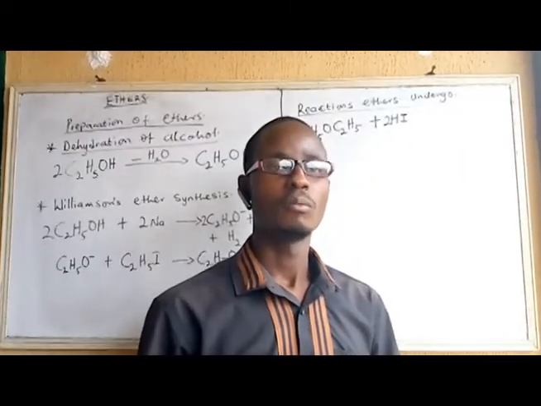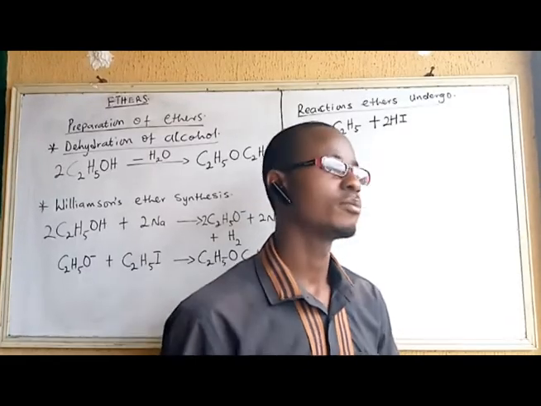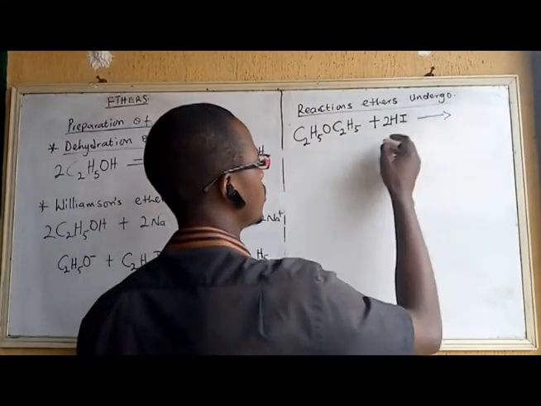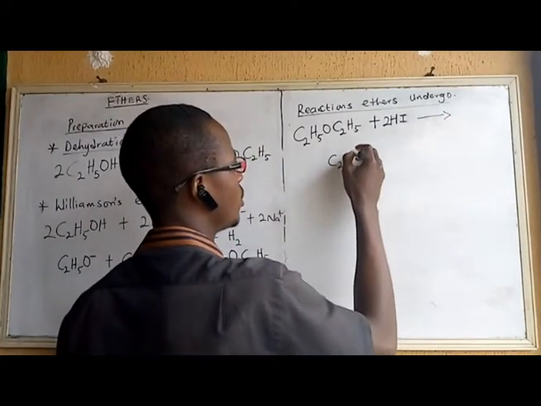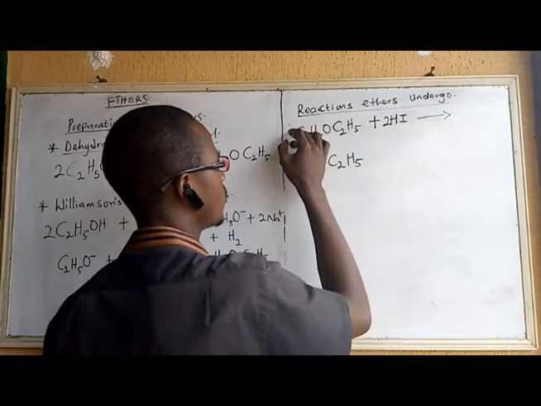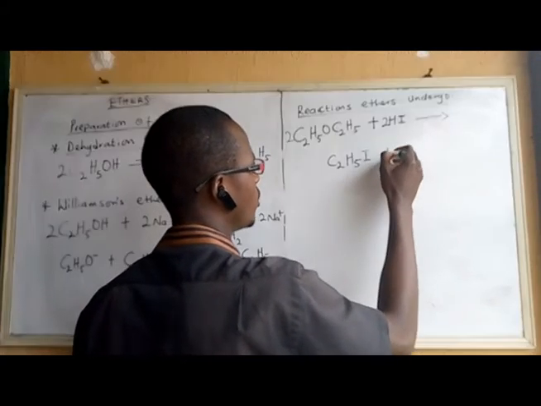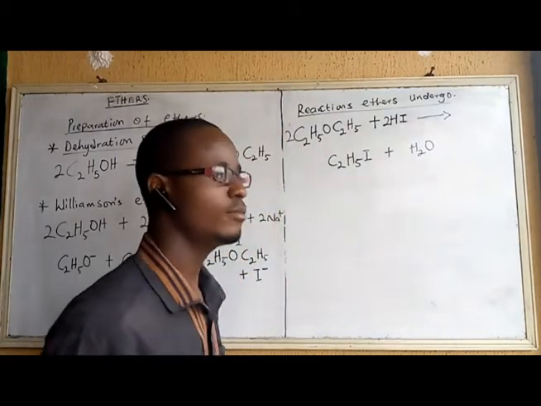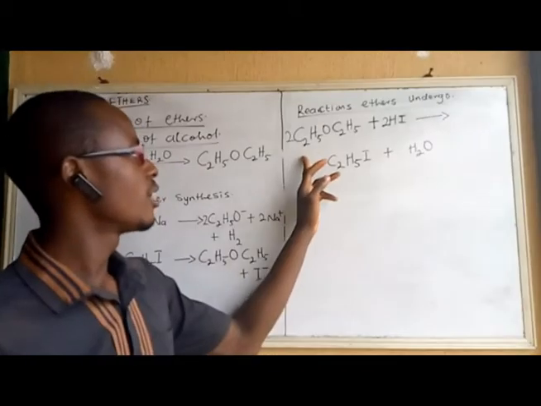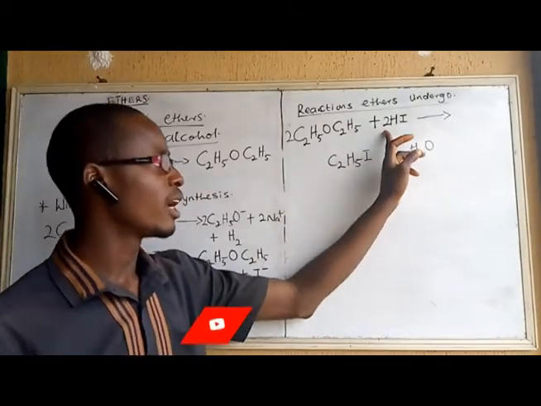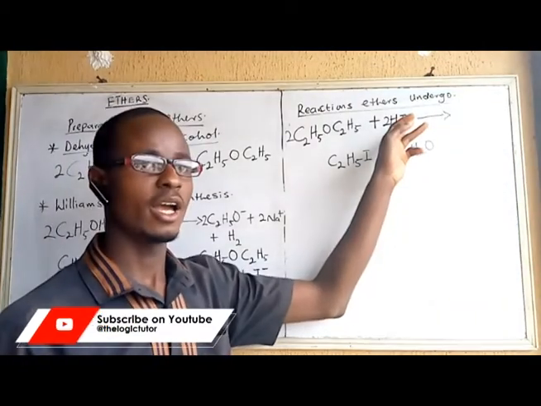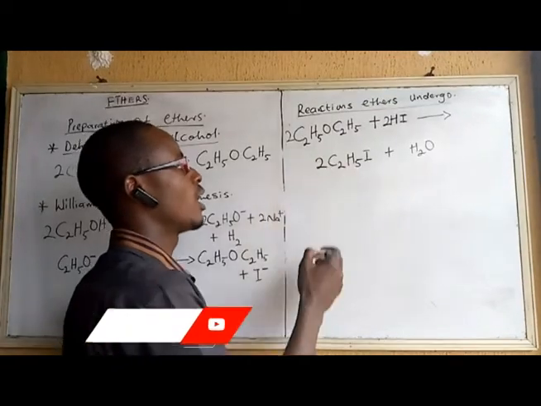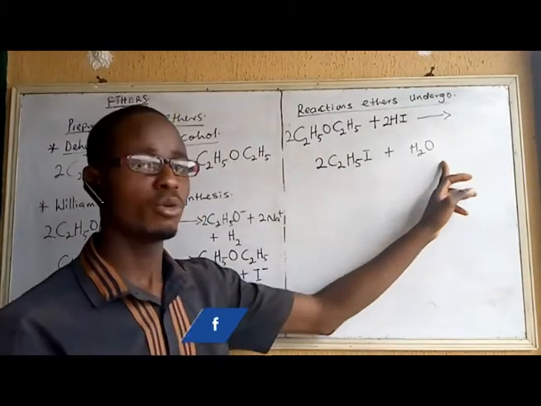Or phosphorus pentachloride, not halogenoalkane. There is a production of C2H5I plus H2O. The ether, which is ethoxyethane, will react with 2 moles of hydrogen iodide to produce 2 moles of iodoethane plus 1 mole of water.